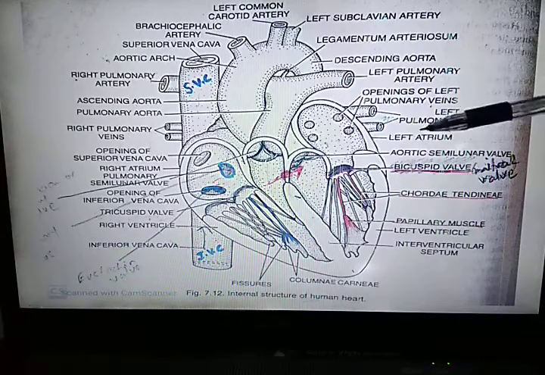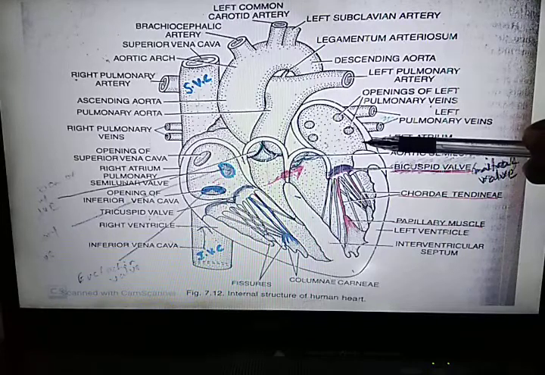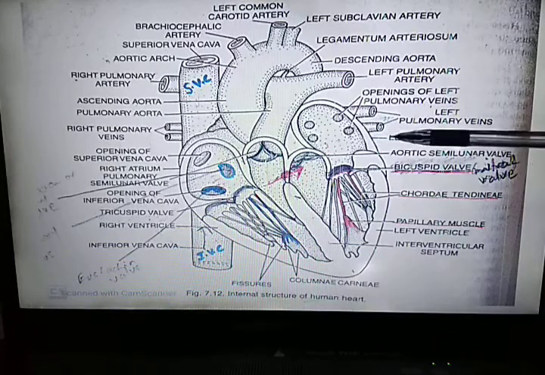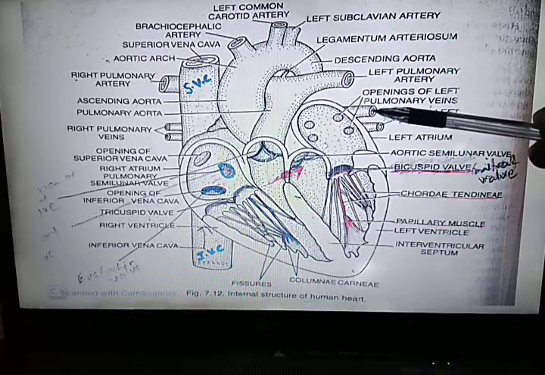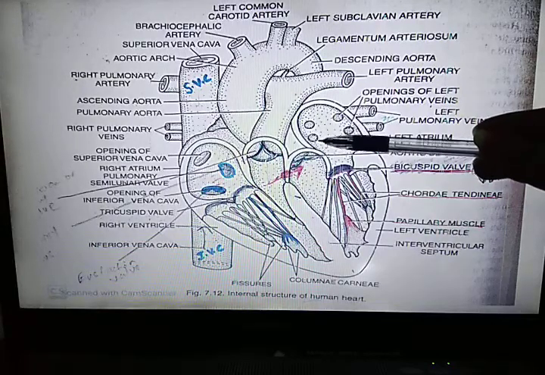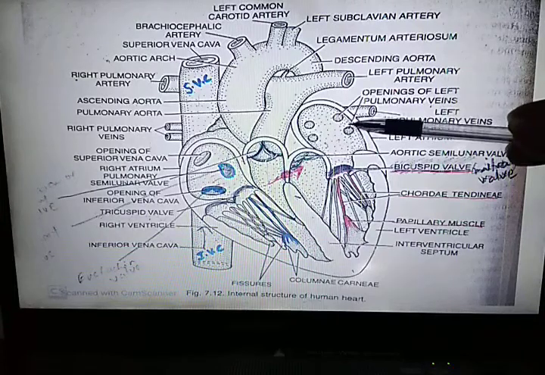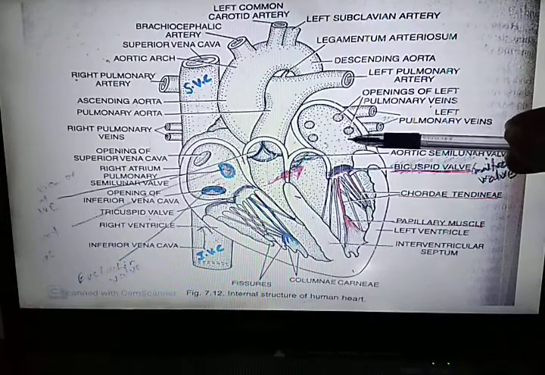Next is the left side of the heart. The left auricle receives the oxygenated blood from the lungs with the help of 4 pulmonary veins, 2 left pulmonary veins and 2 right pulmonary veins. So the pulmonary veins carry oxygenated blood from the lungs to the left auricle.